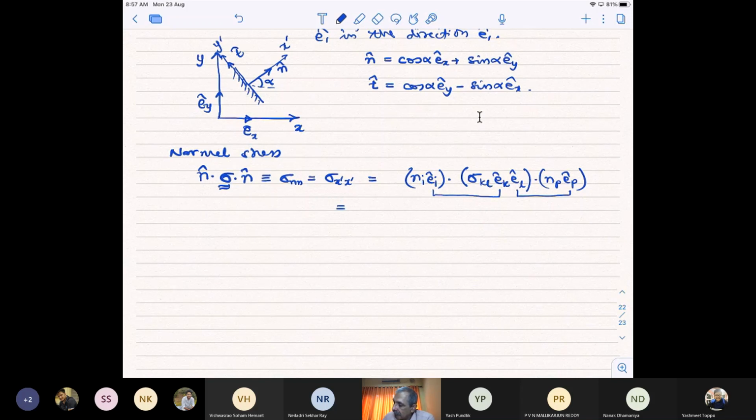And so this will give us n_i n_p sigma_kl. These are the scalar parts. And then I'll have delta_ik, delta_lp. So we know from the definition of the Kronecker delta that this will be 0 unless i is equal to k and l is equal to p. So if we make the simplification, then we can simply write n_k n_l sigma_kl.